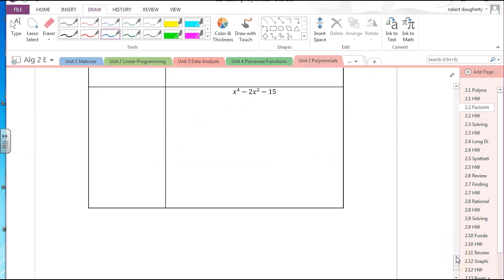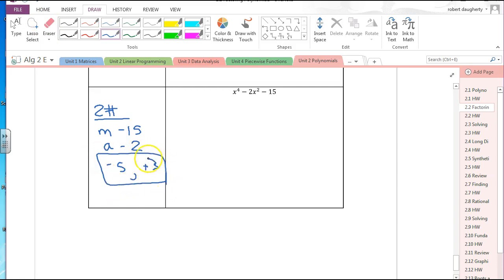Okay, this is not a quadratic, but it's quadratic form. You've got an x to the 4th and an x squared. So factor it like you would any quadratic. Two numbers that multiply to negative 15 and add to negative 2. Those numbers are negative 5 and positive 3.